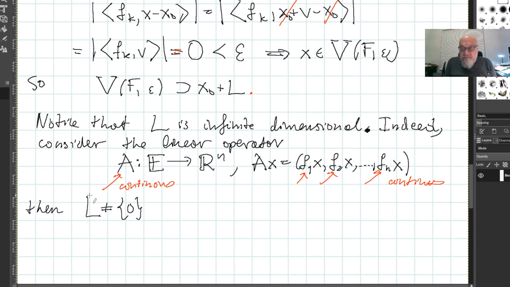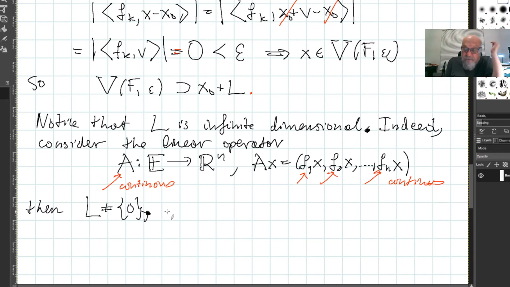L cannot be equal to 0. Okay, if L cannot be equal to 0, then why?